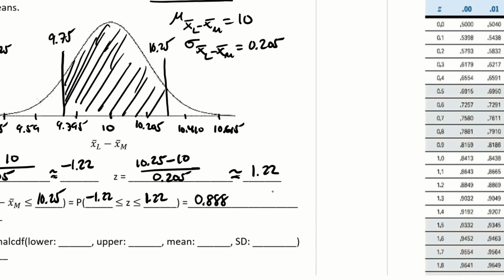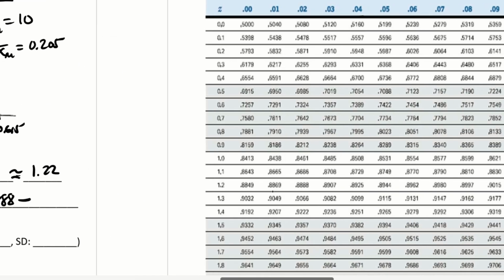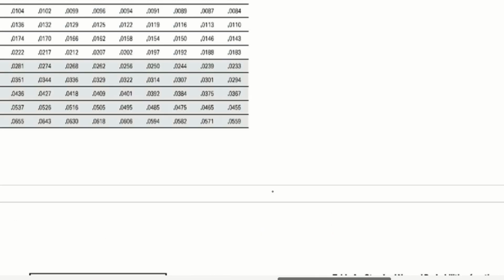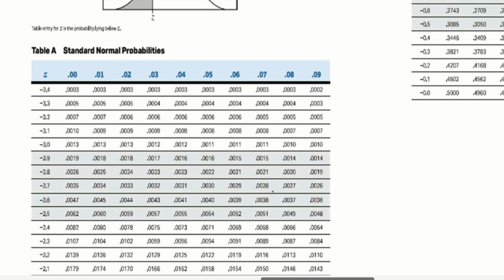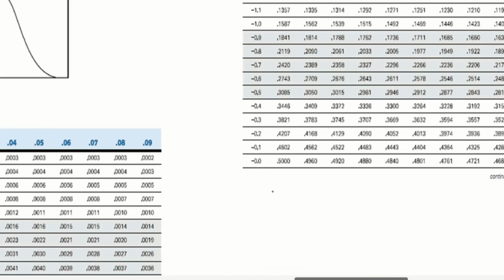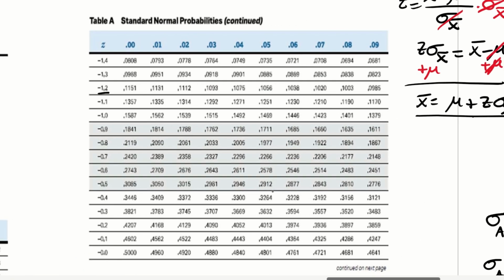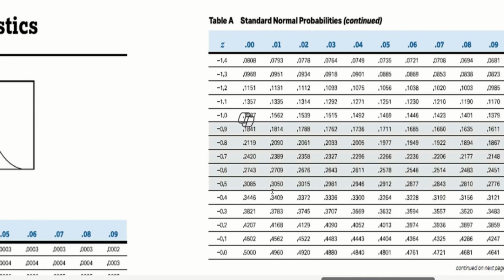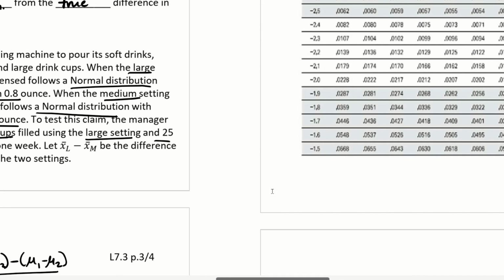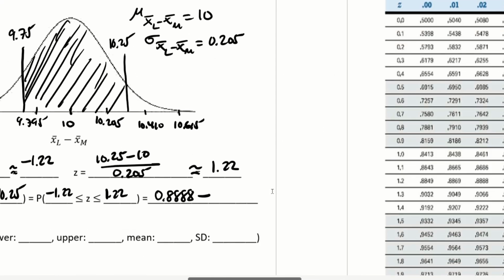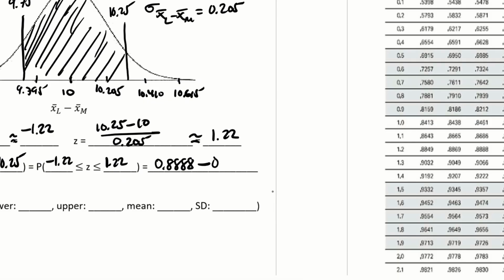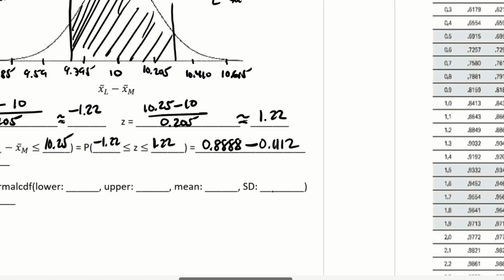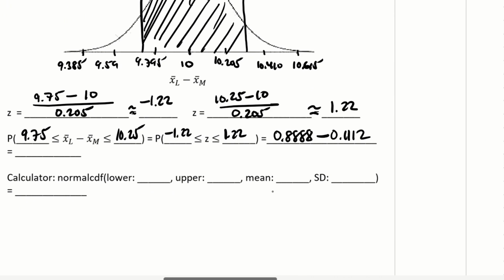Minus, then we look up negative 1.22. The negatives should be over here. Negative 1.22 is 0.1112. We'll subtract those, and then we get our area of 0.7776 for the probability.